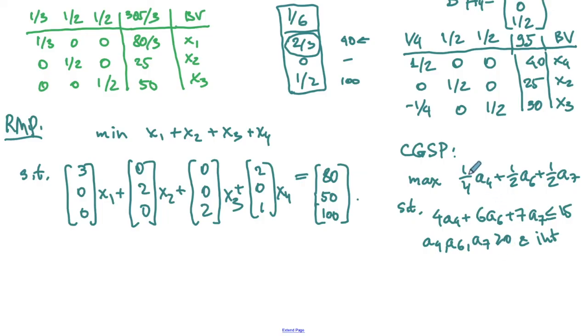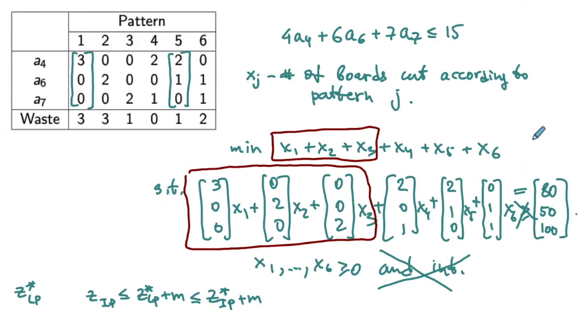So looking at the coefficients of 1/4, 1/2, and 1/2, and going back to our table with patterns, we see that if we use the coefficients 1/4, 1/2, and 1/2 for either column 5 or 6, which are the only remaining columns, we will obtain the objective of 1.